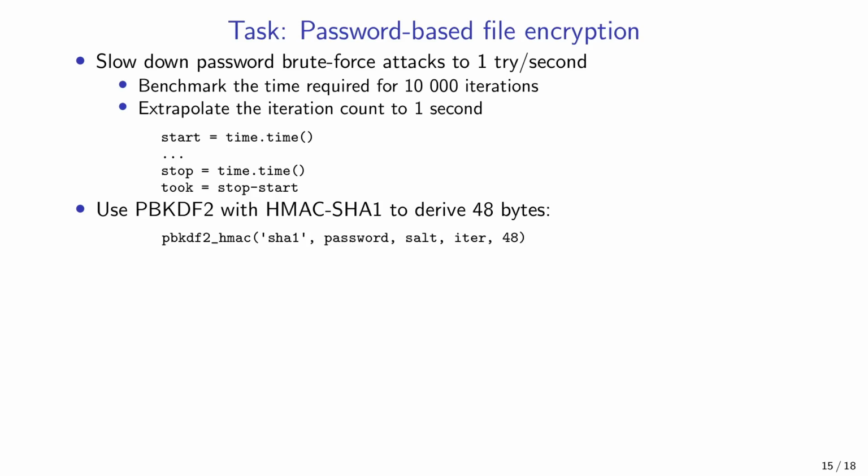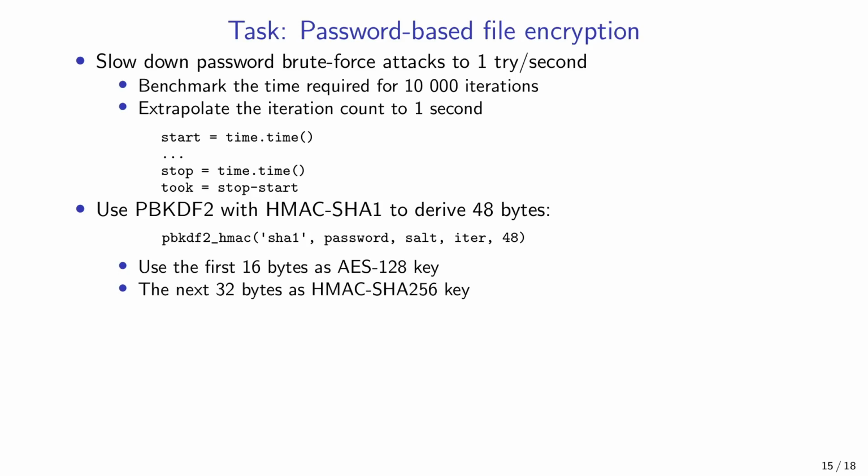Now, of the derived 48 bytes, we will use the first 16 bytes as an AES key for encryption, and the remaining 32 bytes as an HMAC key for MAC calculation. We are using 16 bytes here because 128-bit AES requires a 128-bit key, and 32 bytes here because SHA-256 has a 256-bit, 32-byte output size.